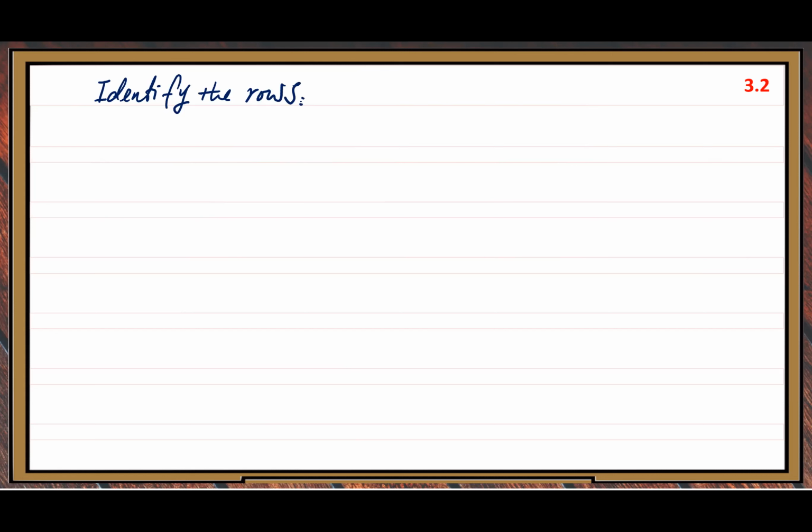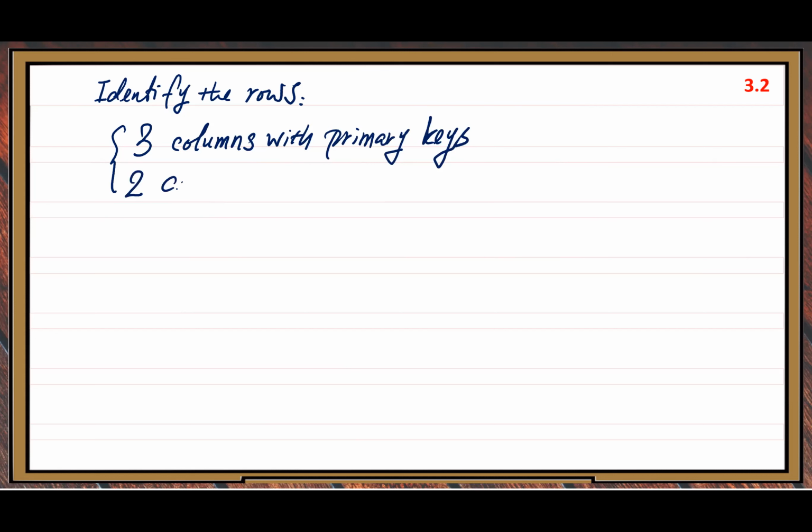I talked about that last time: we have three columns with primary keys, and we have two columns without primary key.